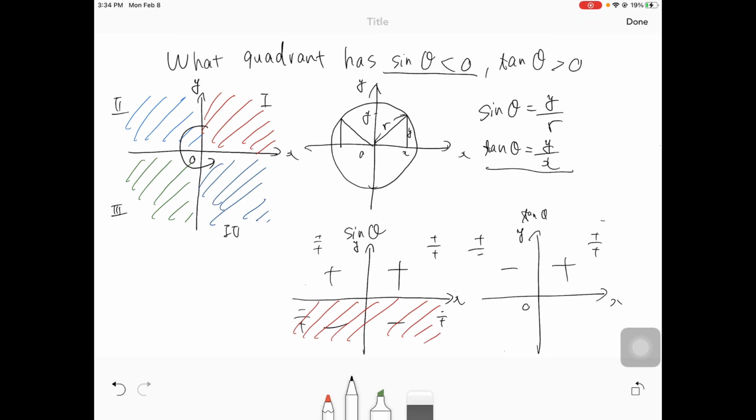Third quadrant, y value is negative, and also x value is negative. Negative divided by negative is going to be positive. And in the fourth quadrant, y value is negative, and x value is positive. Negative divided by positive is negative.